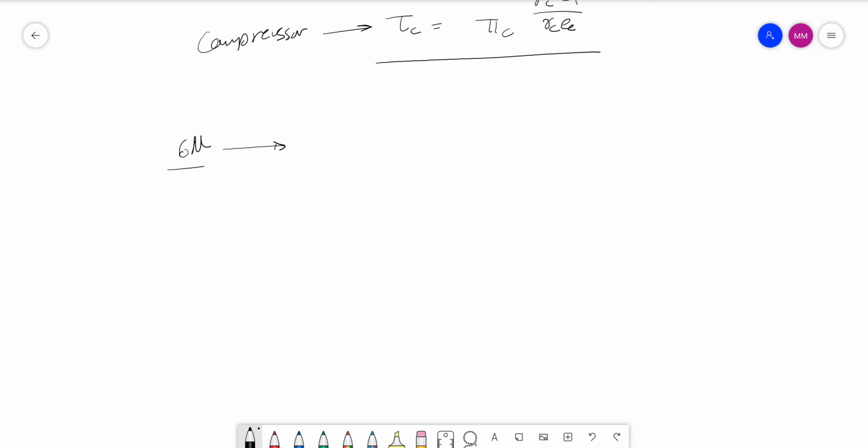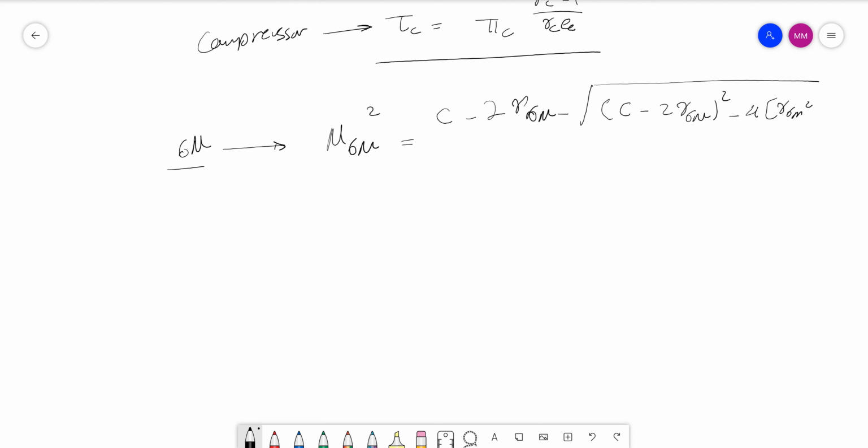So your Mach number, M6 squared, is equal to a constant C, and we're going to see what that constant C is, minus 2 gamma 6M minus the square root of C, that's the same constant again, minus 2 gamma 6M squared minus 4 gamma 6M squared. I'm just going to continue the rest of this on another line.